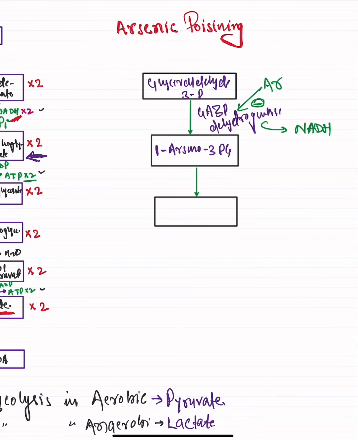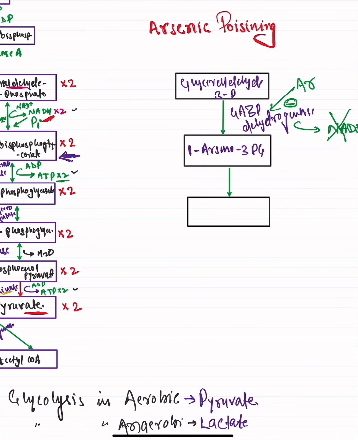So NADH will not be produced here, and 1-arseno-3-phosphoglycerate will change into 3-phosphoglycerate, and arsenic will be released by itself. So there is no ATP production here. So the net ATP gain will be 0, as NADH will not be produced and ATP will also not be produced here. So the net gain is 0.